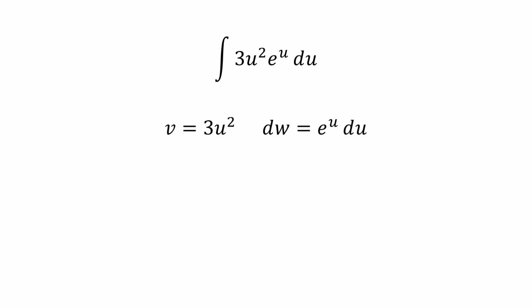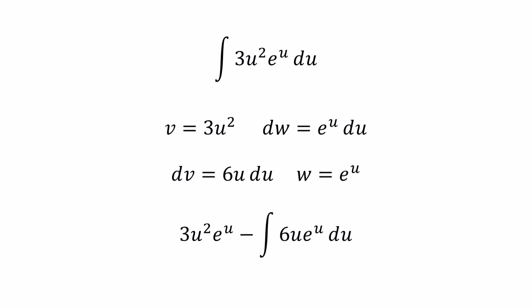Then dv equals 6u du and w equals e to the u. Applying the integration by parts formula then gives 3u squared e to the u minus the integral of 6u e to the u du.